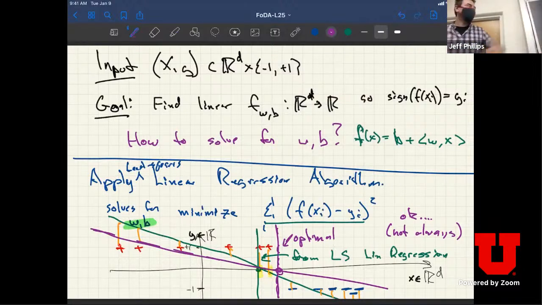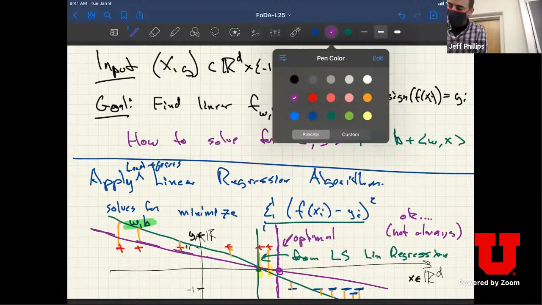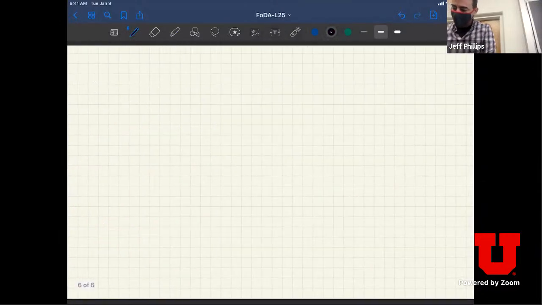Okay, so linear regression, we can solve it, and this is kind of everything we know about this. This one had a nice closed form solution, but we could use gradient descent, right? So what if we tried to directly optimize? I'd like to use gradient descent.